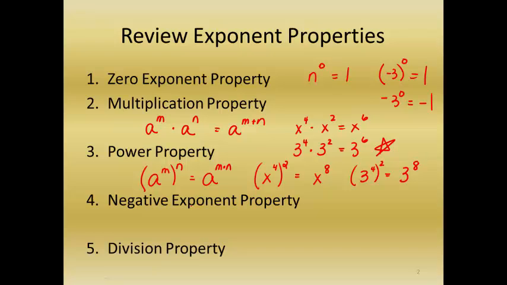The negative exponent property says that if I have any base to a negative power, this equals 1 over a to the positive power. So a to the negative second is 1 over a squared.